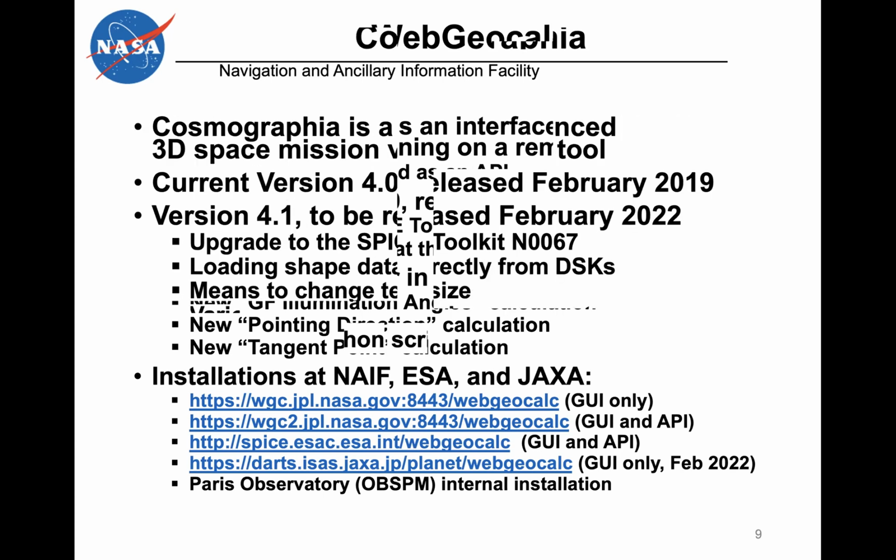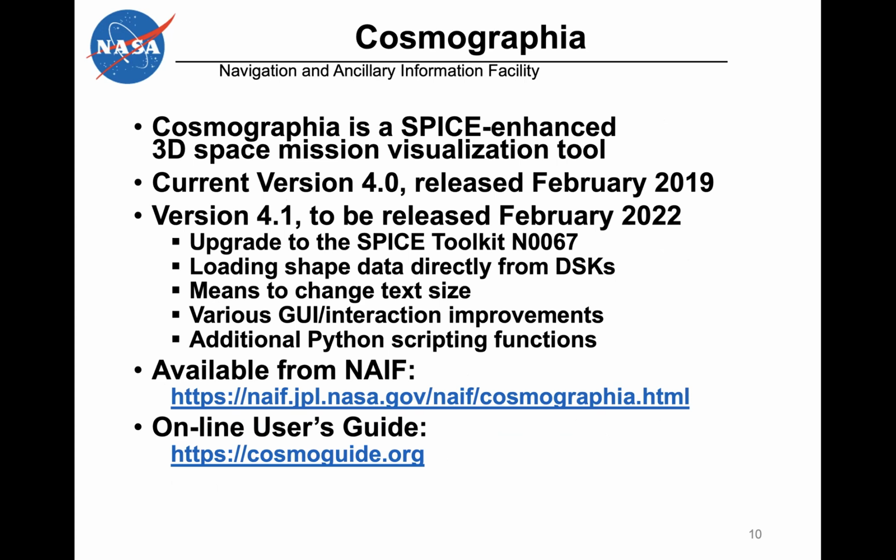So moving forward to Cosmographia. Cosmographia is a SPICE-enhanced 3D space mission visualization tool. The current version is 4.0, released in February 2019, and version 4.1 will be released in the coming weeks. It will upgrade Cosmographia to N67. It will allow users to load shape data directly from digital shape kernels, and it will have other improvements such as means to change the text size and also various GUI interaction improvements.